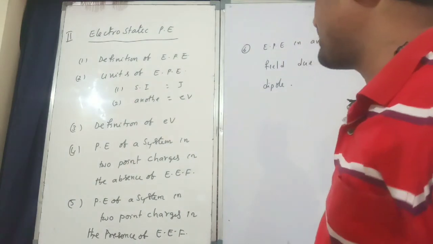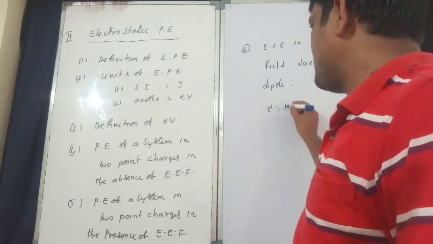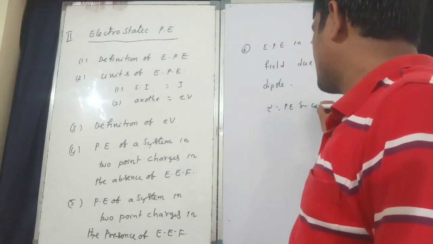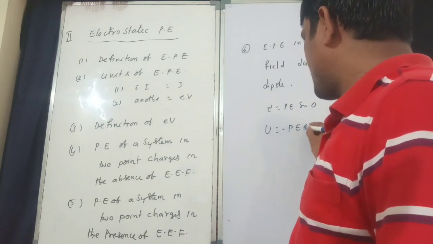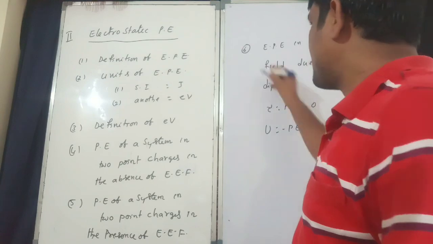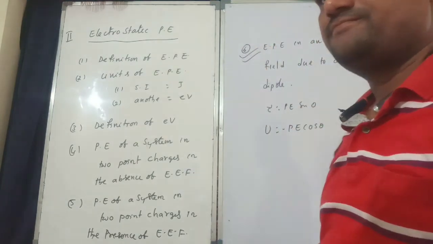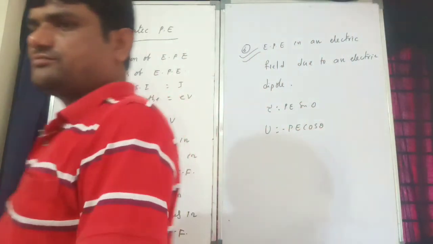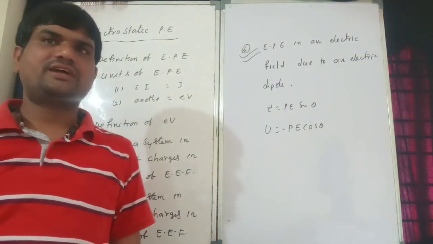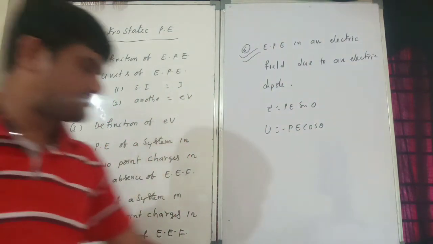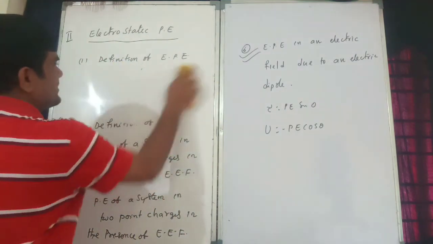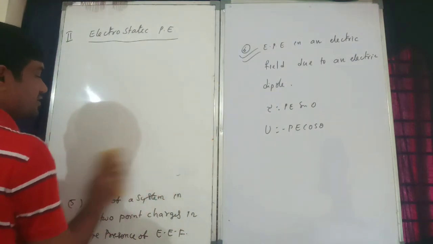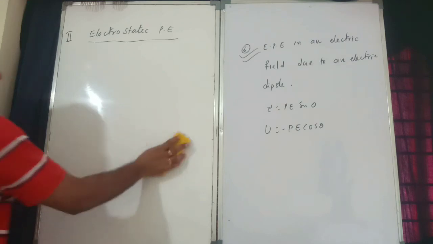Torque related topic: tau is equal to PE sin theta. So now U becomes minus PE cos theta. Already I have given this. Correct? So these are the topics. So first, definition of electrostatic potential energy.